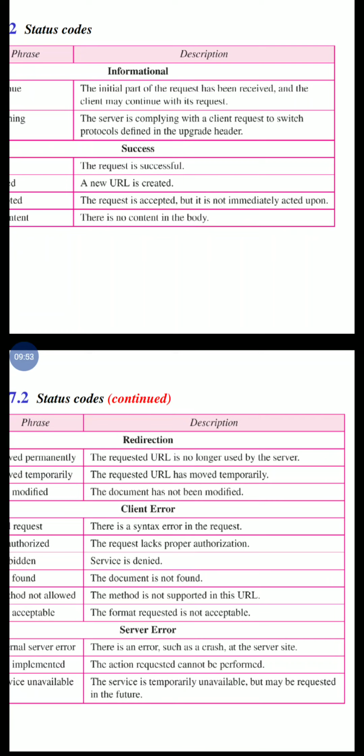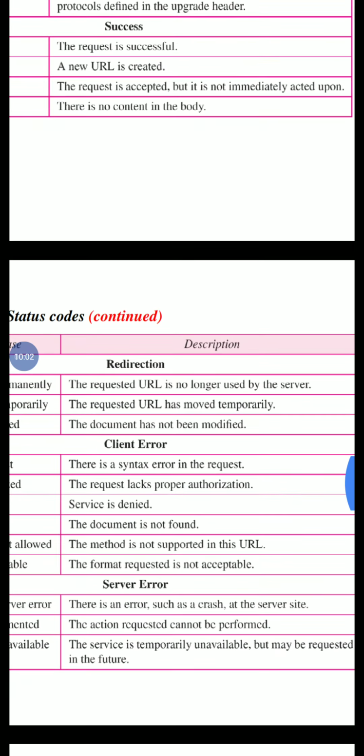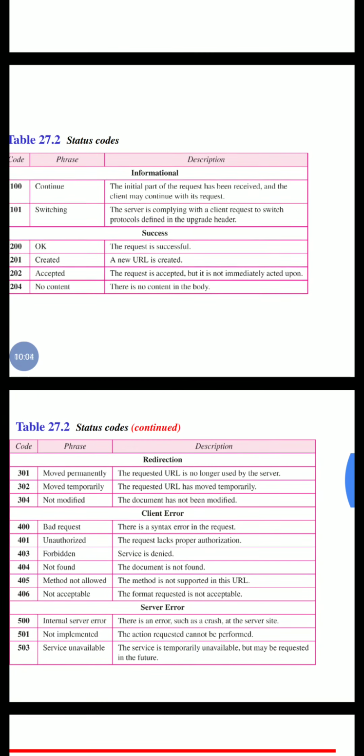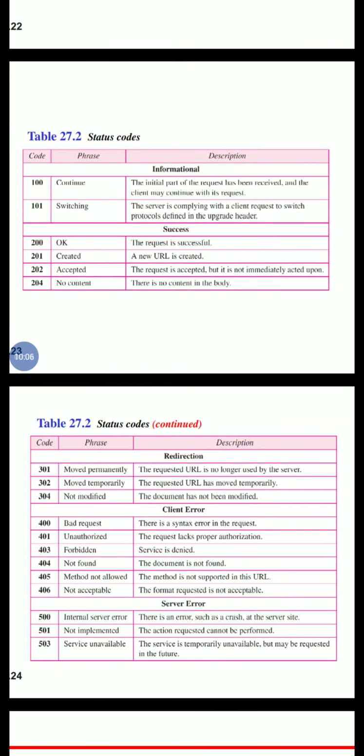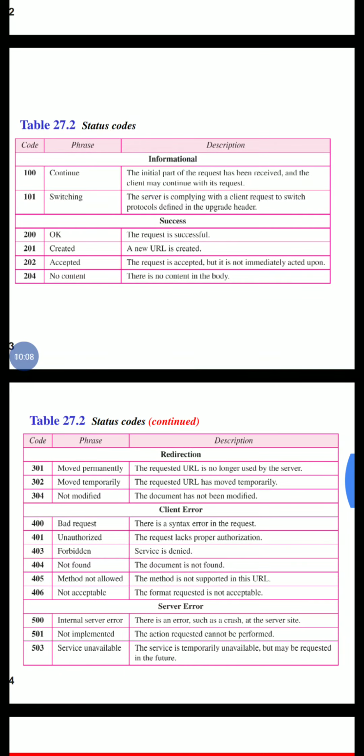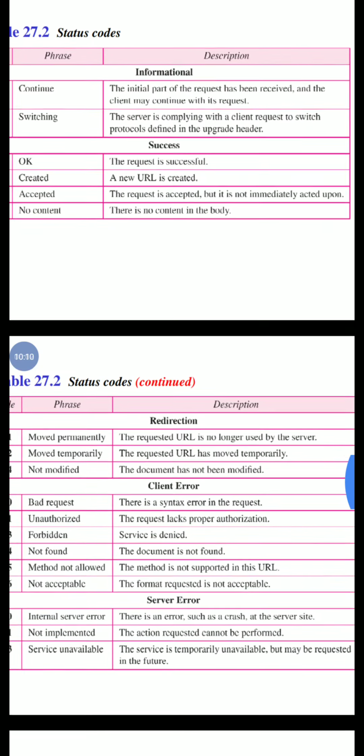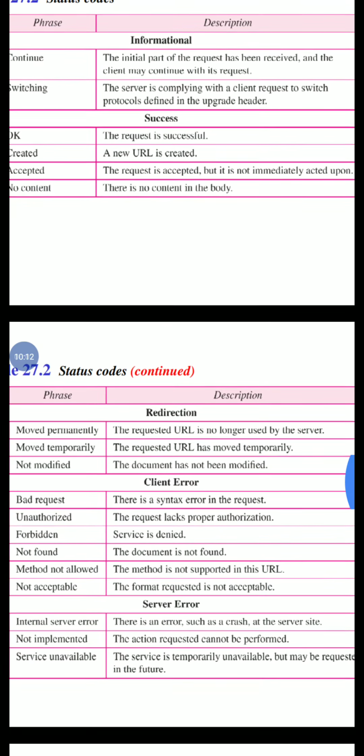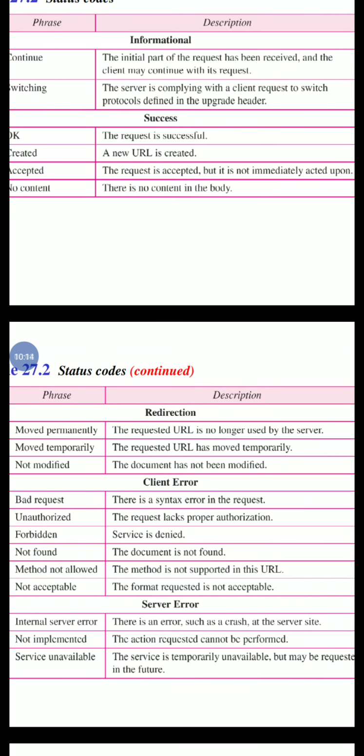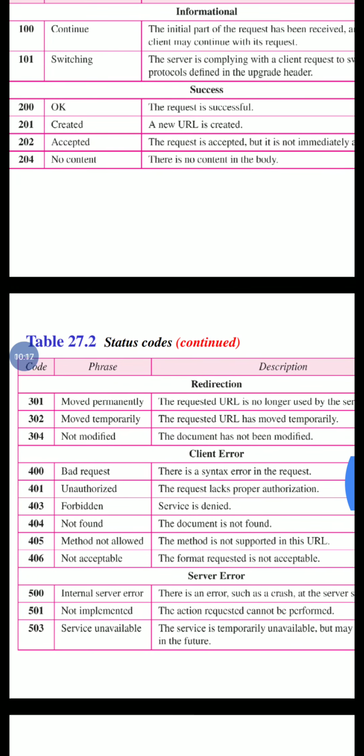So the site is under maintenance, or we get messages like that. Or sometimes, if the one year subscription of a particular client expires, then that particular site has been removed, so we no longer get the site for that particular URL.